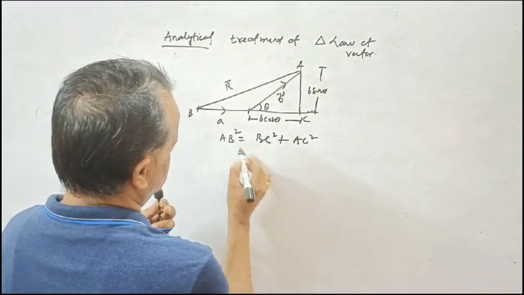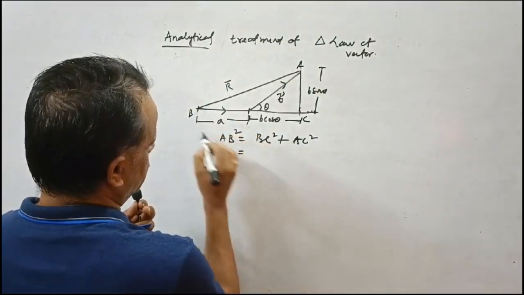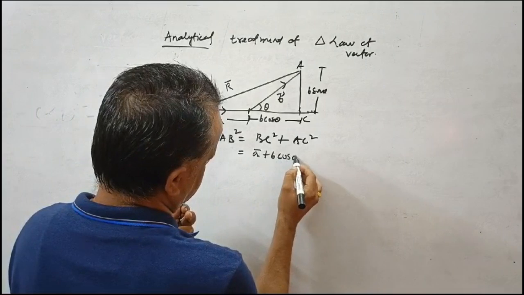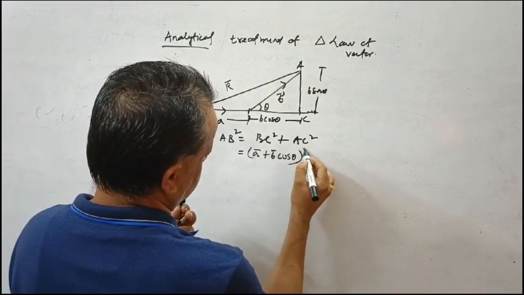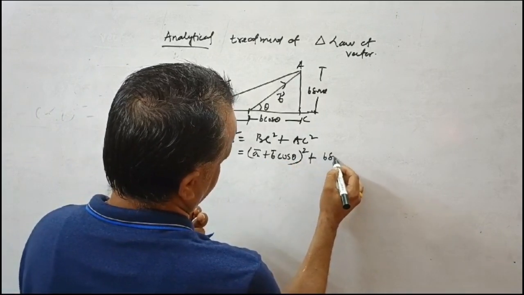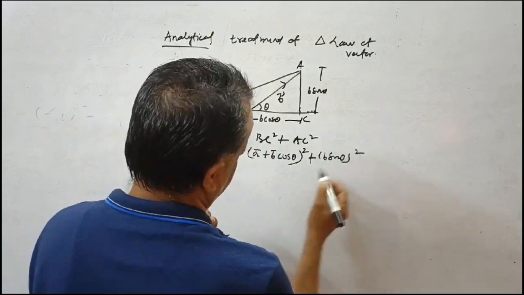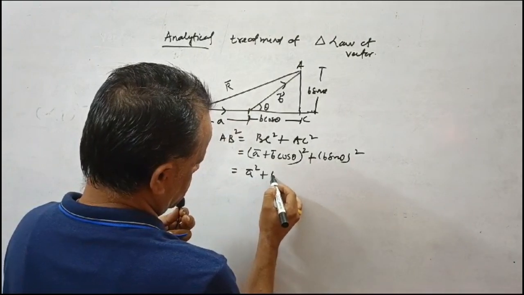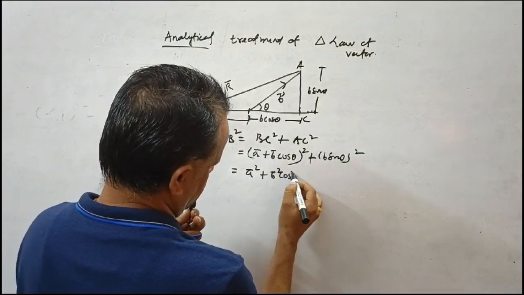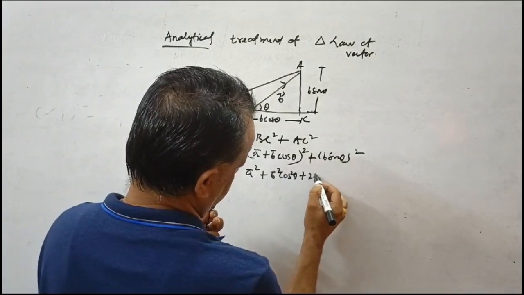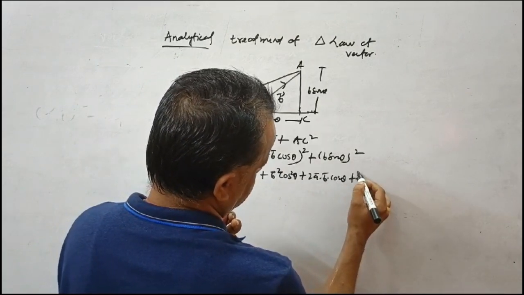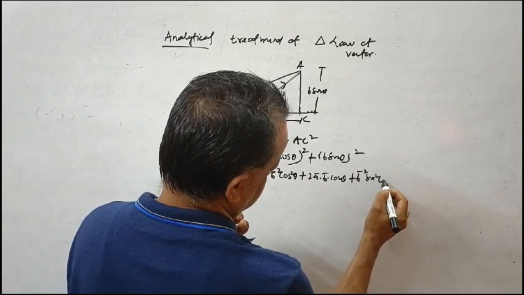BC is equal to what? This length, whole vector A plus B cos theta, whole square, and AC is what? B sin theta, whole square. So we have A square plus B square plus 2AB cos theta plus B square sin square theta.